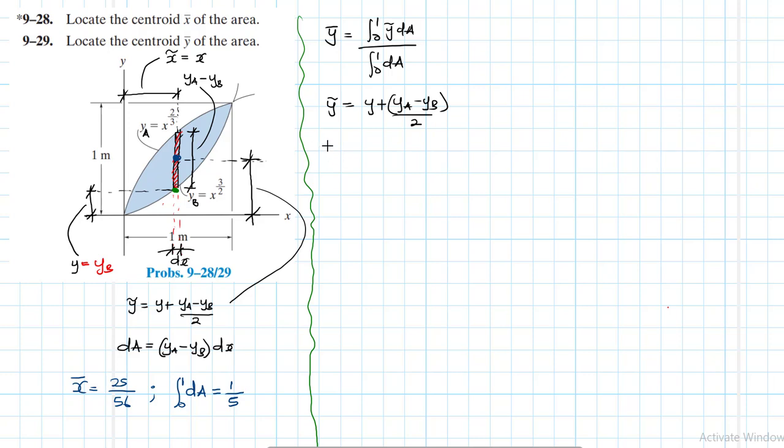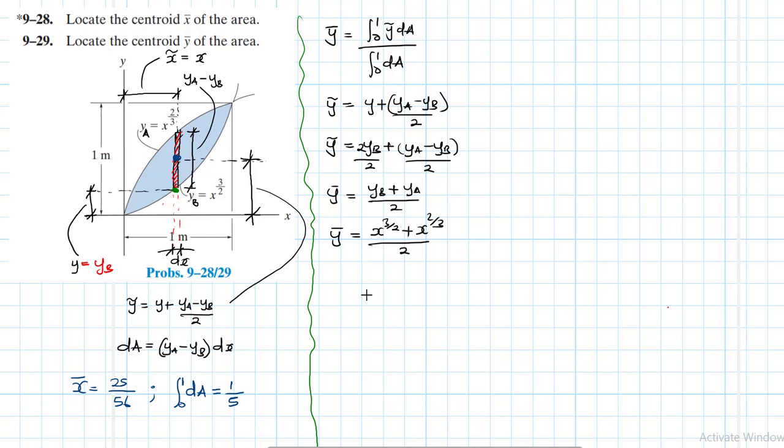Okay, so our y cubed is going to be equal to yb plus (ya minus yb) divided by 2, and if we simplify this, we can divide both sides by 2, then this gives us (yb plus ya) divided by 2, and therefore this gives us x to the power 3 over 2 plus x to the power 2 over 3, divided by 2.